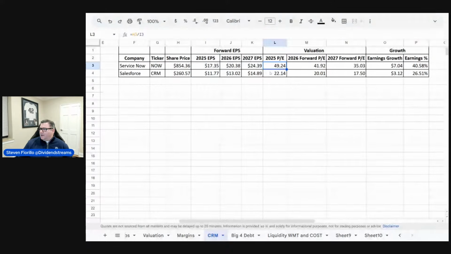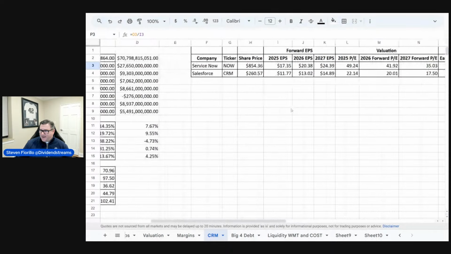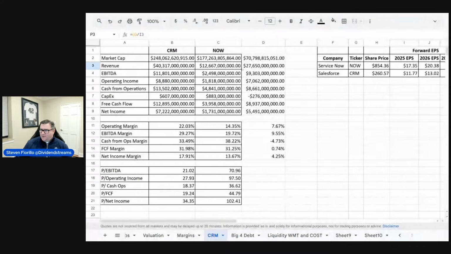All right. So look, ServiceNow has more forward EPS growth expected than Salesforce. But at the same time, I would expect that their revenue is a fraction. It's about a quarter of, not a quarter, but about a fifth. Now, what is that? Third? Yeah, around a third. Coffee's not really kicked in yet.